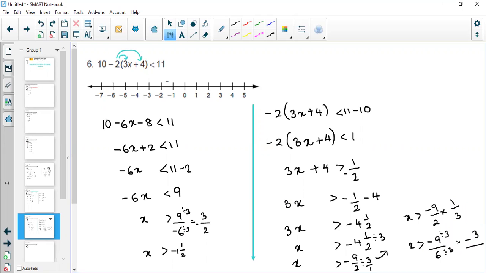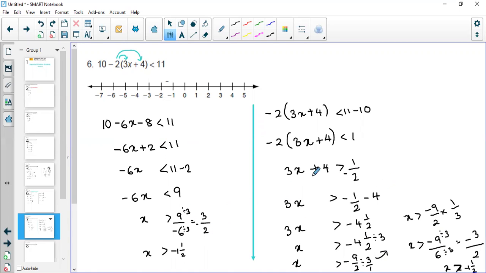Sometimes it happens that we suddenly go blank when we solve these inequalities. So I just wanted you to know that there is always an alternative method to solve math. So this is again going to be -1 over a half. It's the same answer, just another way.